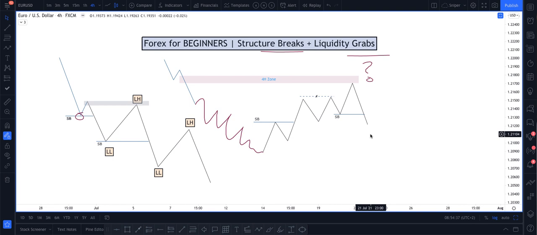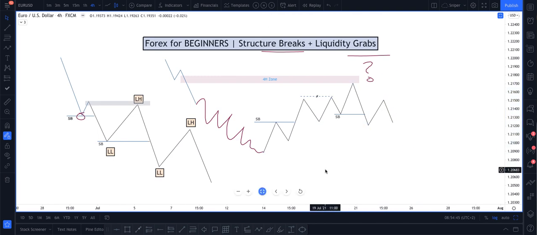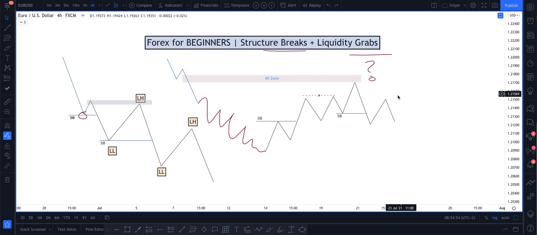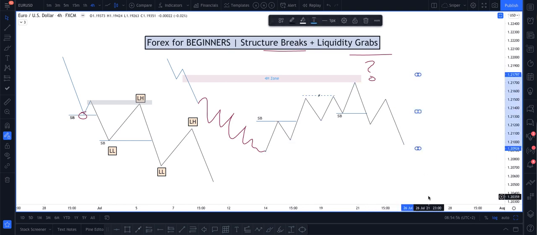And then we wait for price to pull back again, creating a lower high, and then look for continuation. We wait for price to make this move back up towards the upside, and that is where you would look for sells in this area before taking price lower towards the downside.